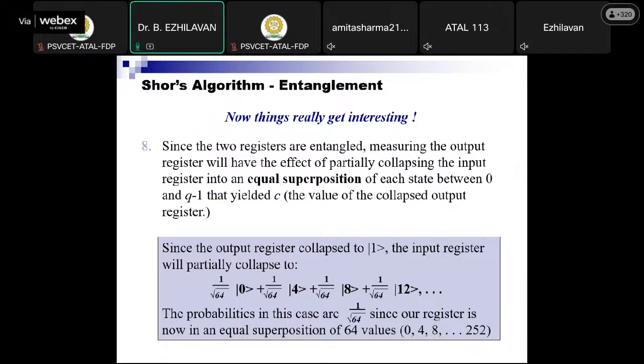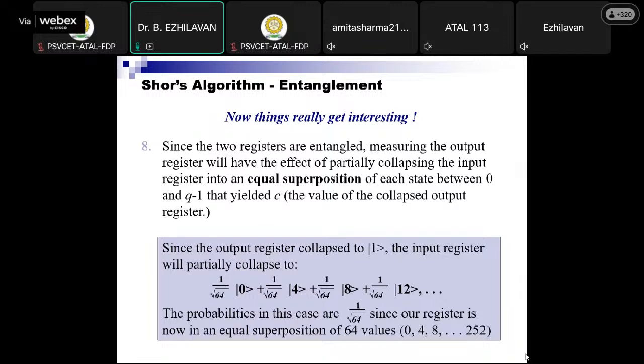Since the two registers are entangled, if it affects the output, it will affect the input. Measuring the output register partially collapses the input register into an equal superposition of states between 0 and q minus 1, yielding the value to which the output register collapsed.